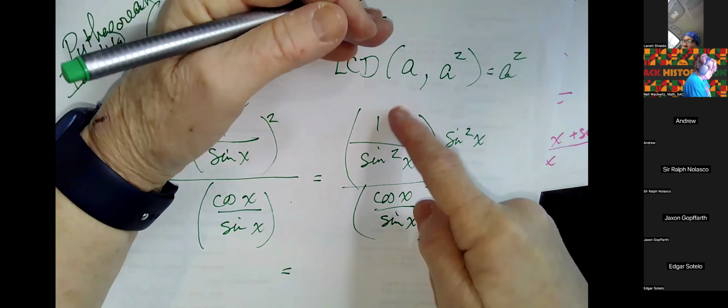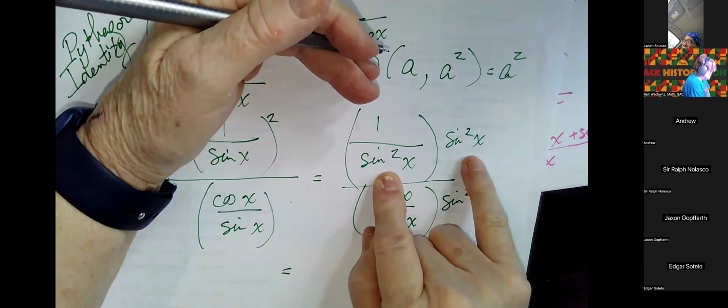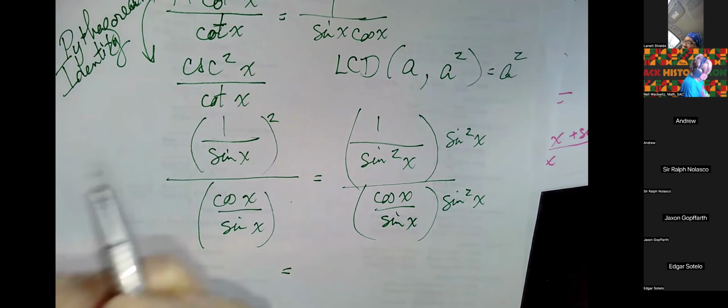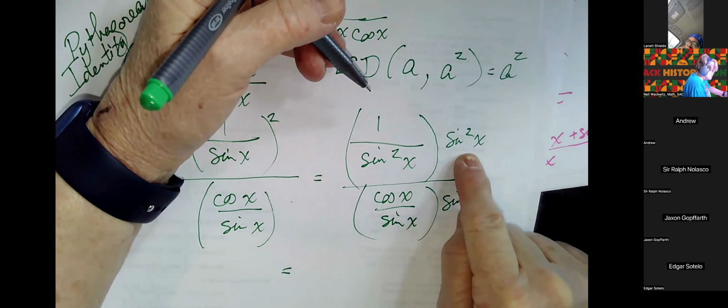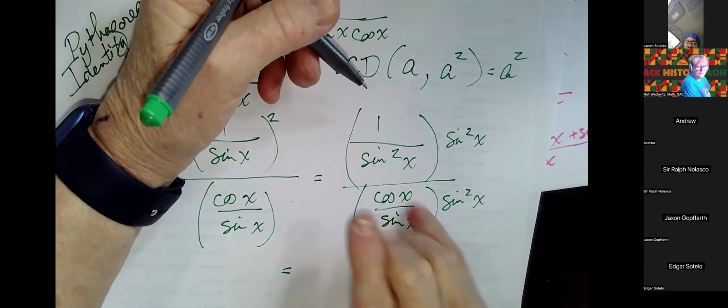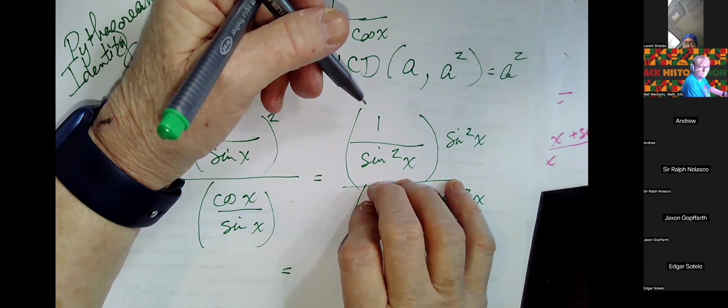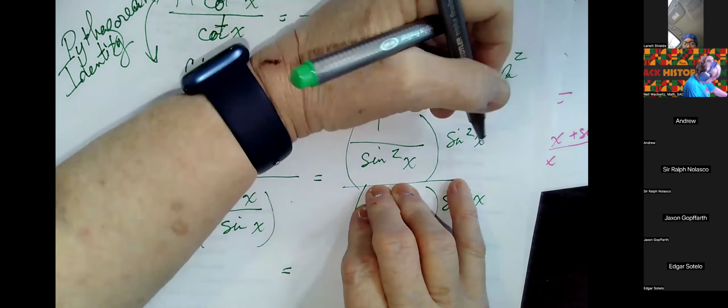Do you see that we're doing algebra like crazy? Good. So now we've got 1 over sine squared x times sine squared x. Does anything divide out in the numerator? Yeah, sine squared x.